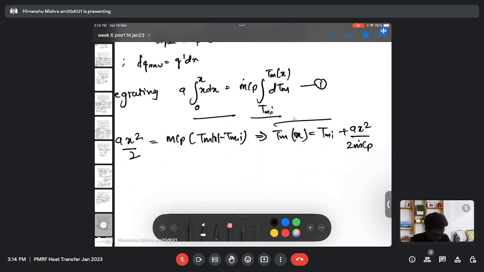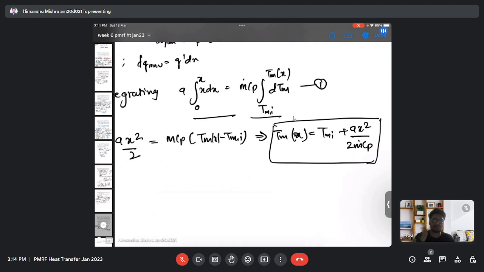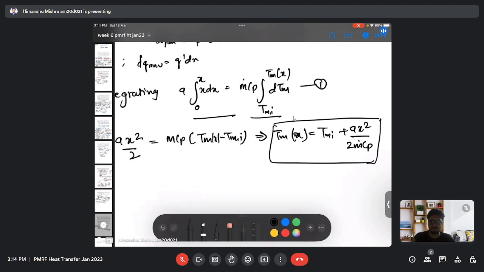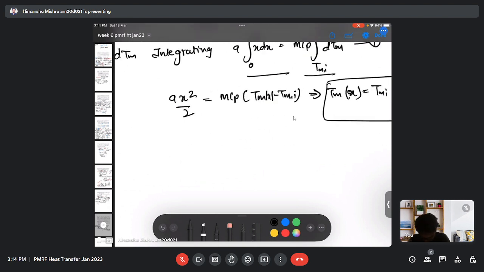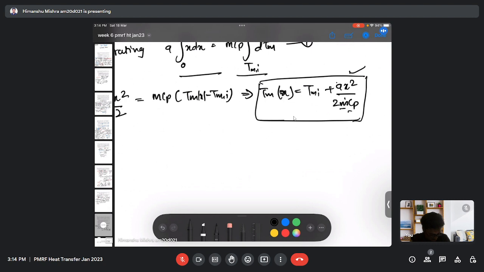This is my expression for the mean temperature at a location x. To find the mean temperature at a distance of, say, 0.5 meter, we put x equals 0.5 meter here and we will get Tm. The other quantities like Tmi, flow rate and Cp are just constants, and A is also constant, which is 20 watt per meter. So this is my Tm expression.